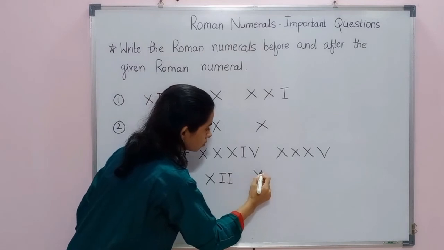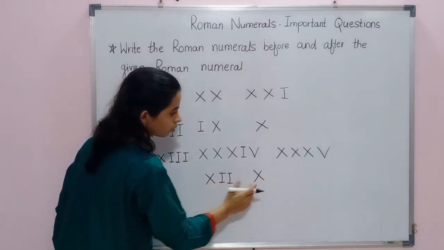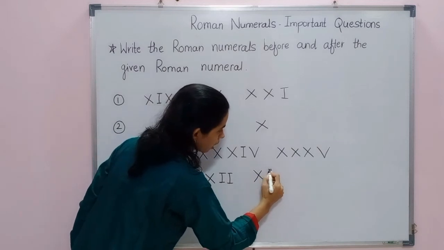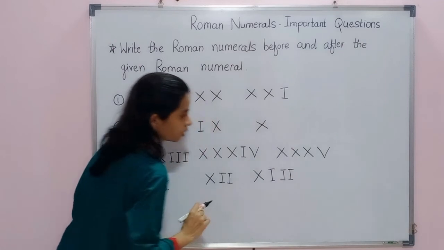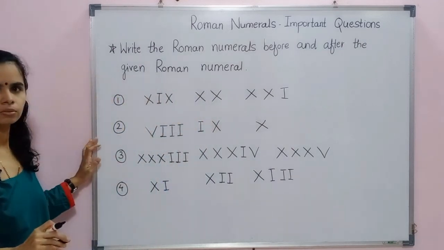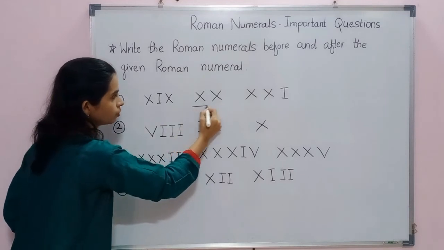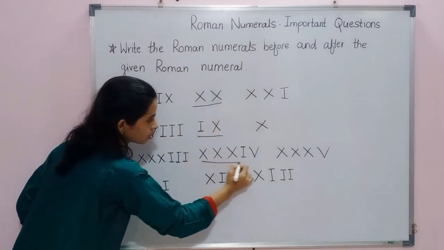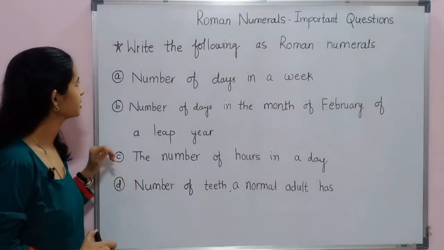So here we will put this X as it is, its value is 10, and for 3 we will write I 3 times. In this way we can solve such types of examples. Let's go for the next question.